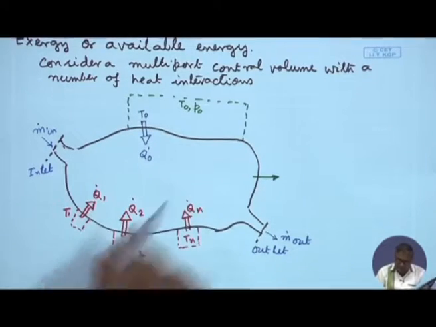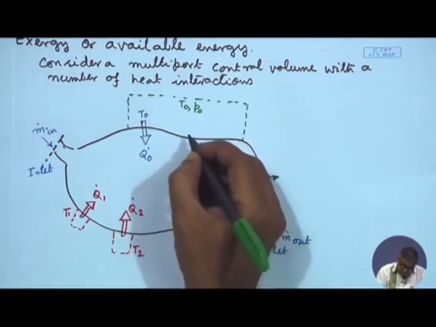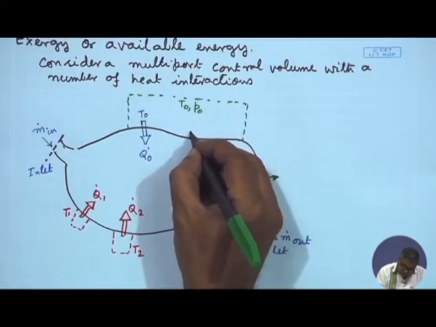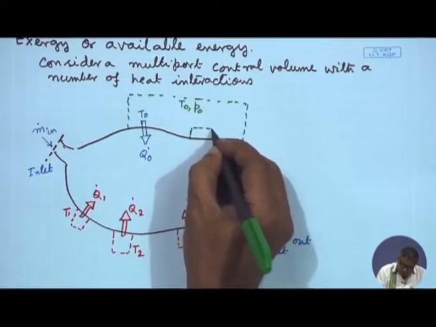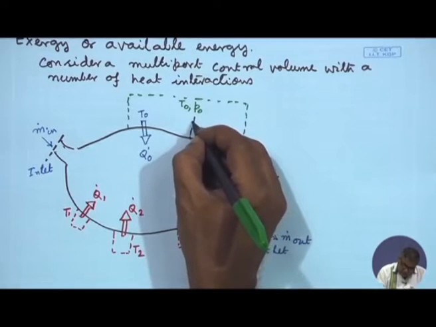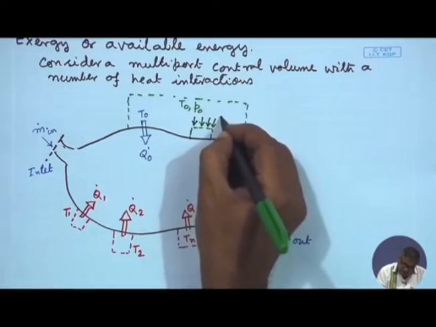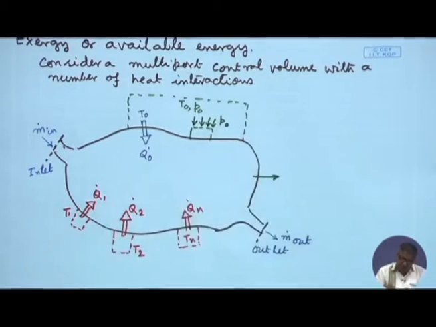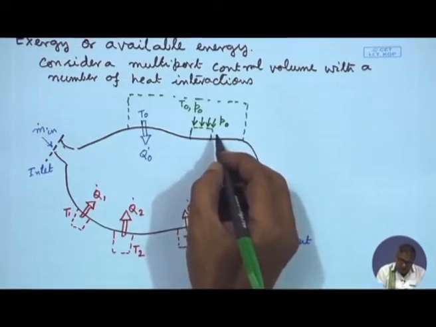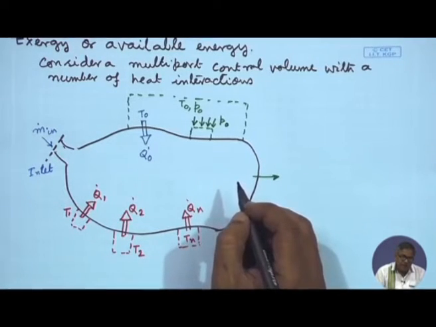Second, if the wall of the control volume is not rigid, then it will have some change of volume, because there is a pressure P 0 acting over here. With time this change of volume takes place.